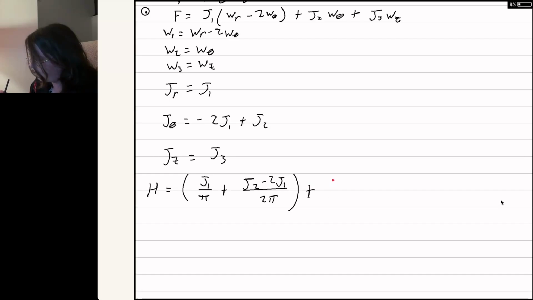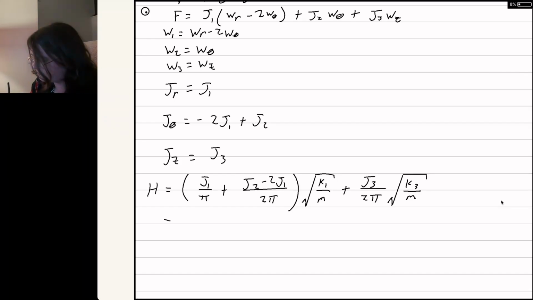Oh no, it's all multiplied by root k over m. Plus J3 over 2 pi root k3 over m.